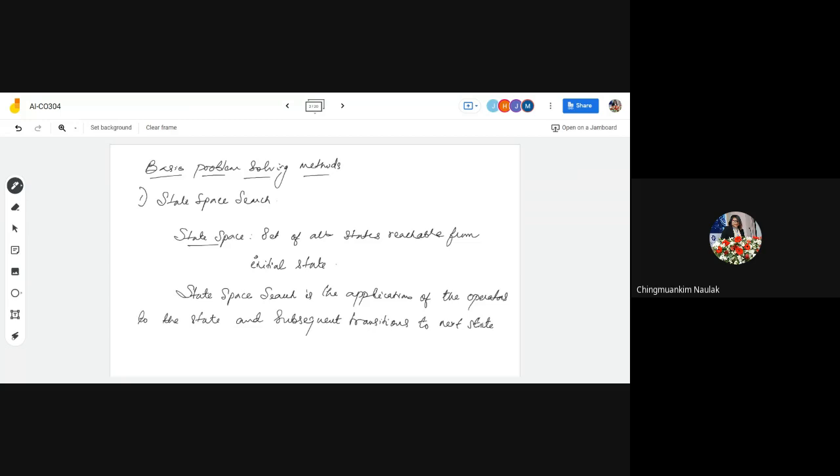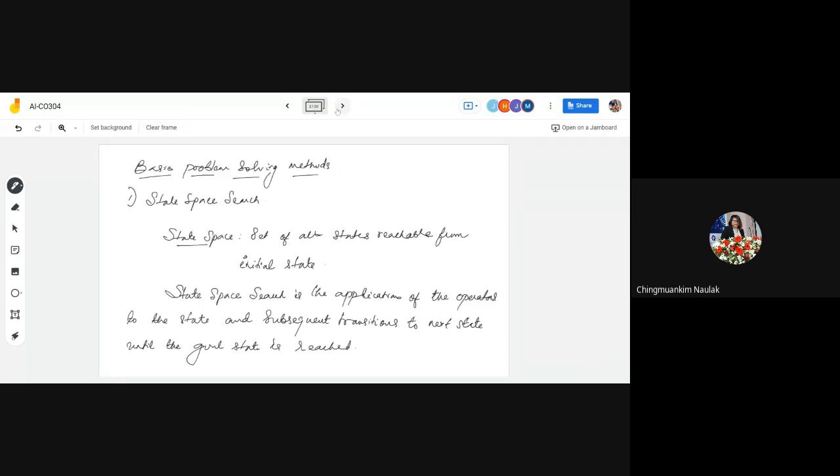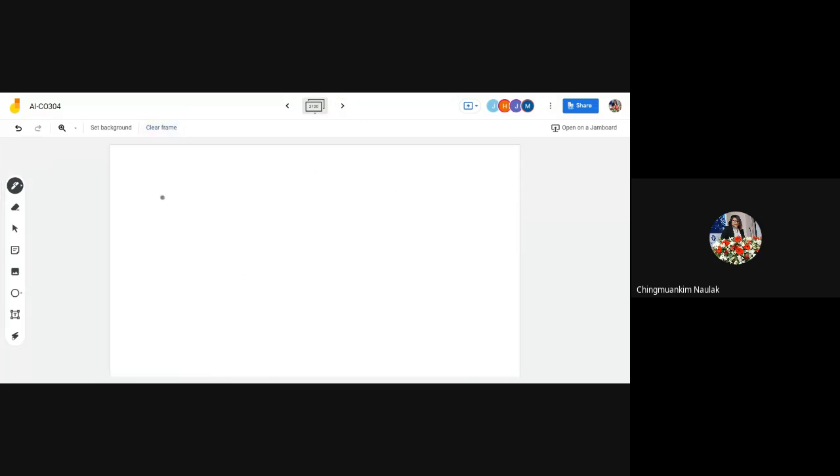And how long you're going to perform this operation? Until the goal state is achieved or reached. So in such kind of question, you are going to be given one state, initial state, and the goal state.